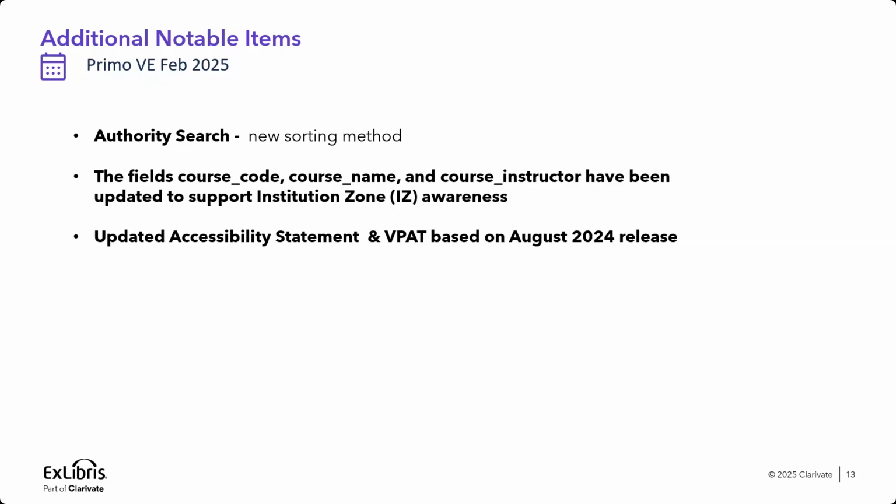We also would like to share information regarding accessibility. We've updated the Primo accessibility statement. It is based on an audit that we conducted in the summer, based on the August release.